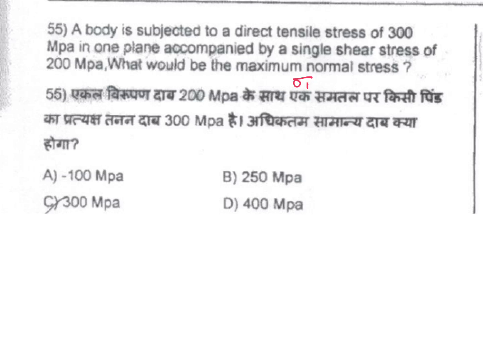Direct tensile stress sigma x is 300 Newton per mm square or MPa. Single shear stress sigma xy is 200 Newton per mm square or MPa. We have to calculate sigma 1. In 2 methods I will solve this question. Whichever is convenient to you, you use that formula.